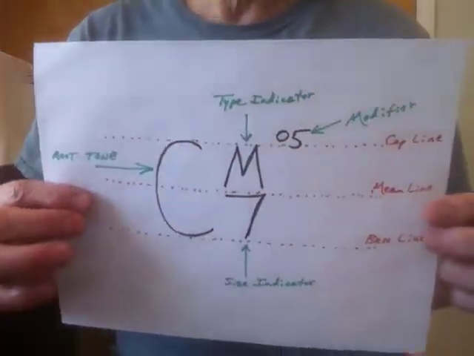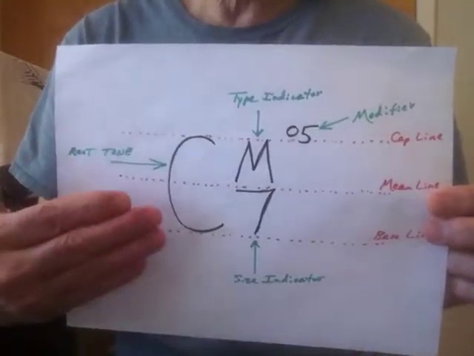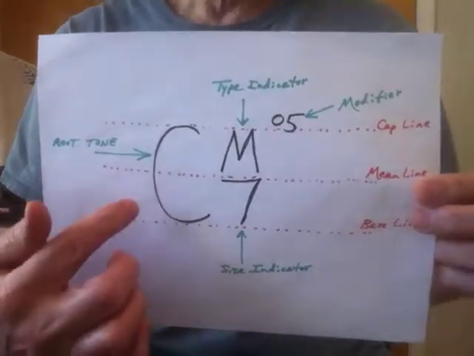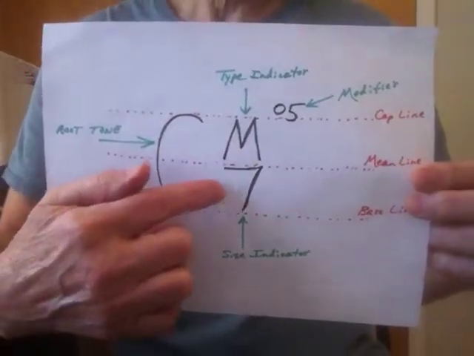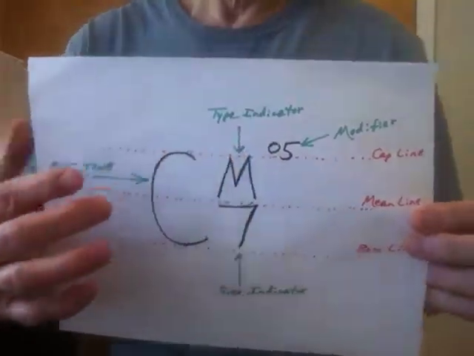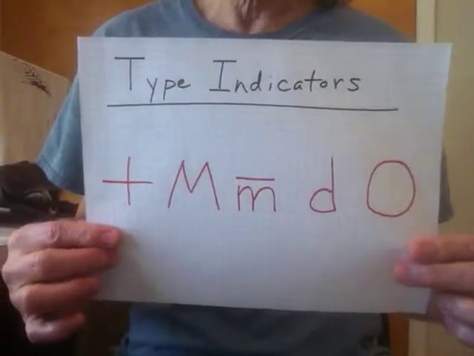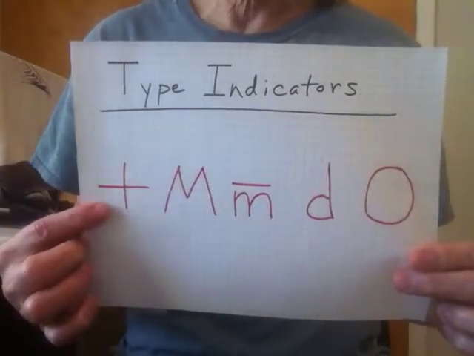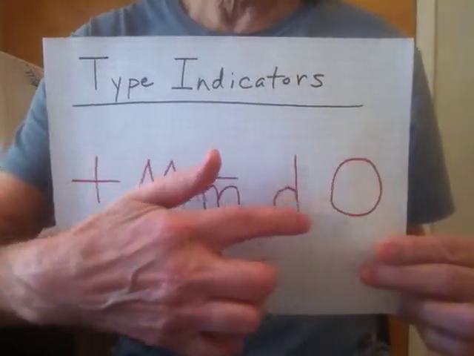Please allow me to quickly review my chord symbol before I move on to my final chord video. I showed you the chord symbol: root tone, type indicator, size indicator, modifier. There are only 5 type indicators, 5 types of bass chord: augmented, major, minor, dominant, diminished.